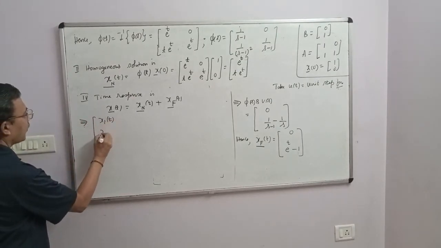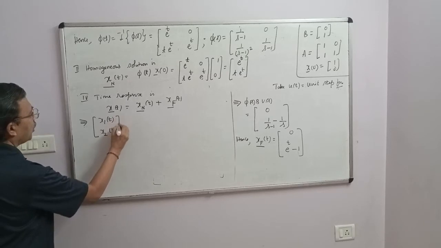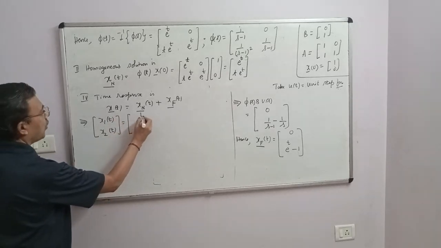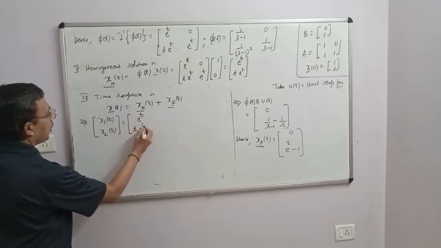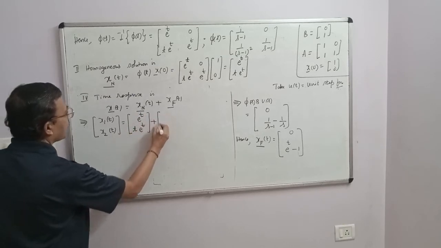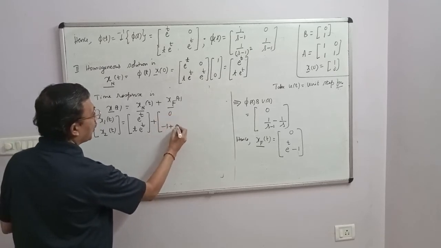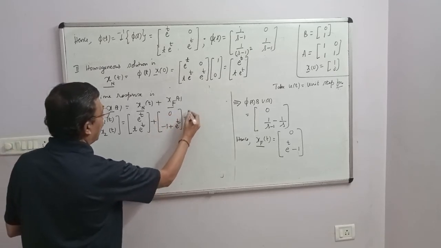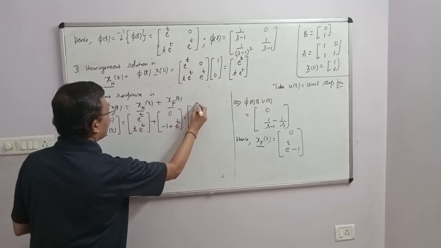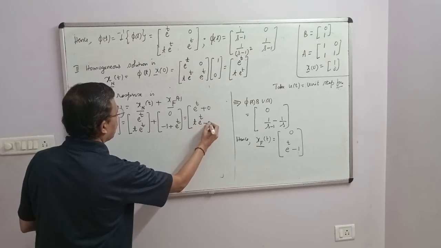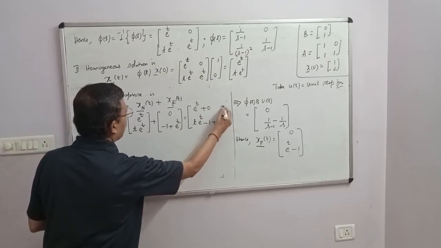This implies x1 of t, x2 of t is equal to xn of t, which is e to the power t, t e to the power t, plus xf of t, which is 0, e to the power t minus 1.